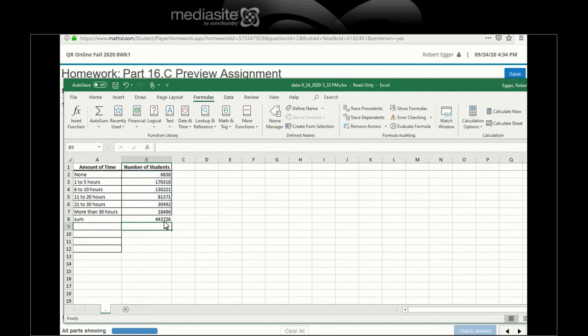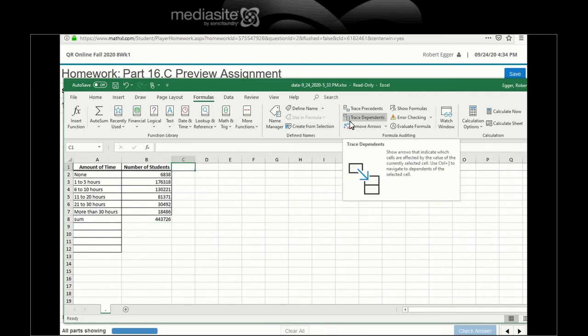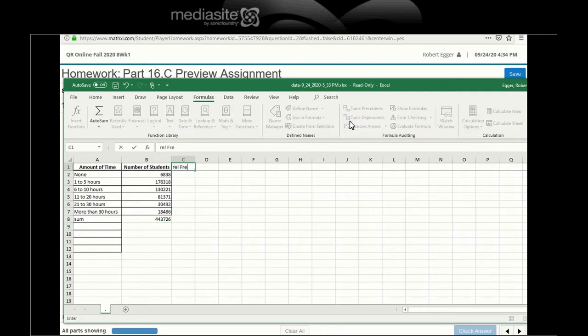Okay, so here's a sum, the total. And let's create a new column called relative frequency. And we'll get this by making a small equation, equals what? This divided by that.